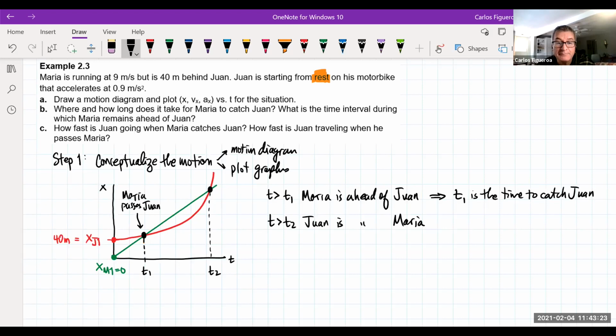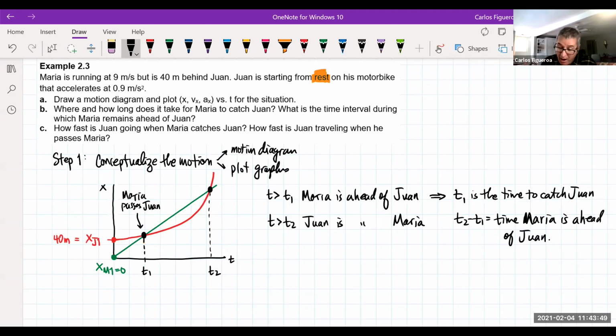And then it's asking, what is the time interval where Maria is ahead? And you could see that the time interval, T2 minus T1, is the time Maria is ahead of Juan.